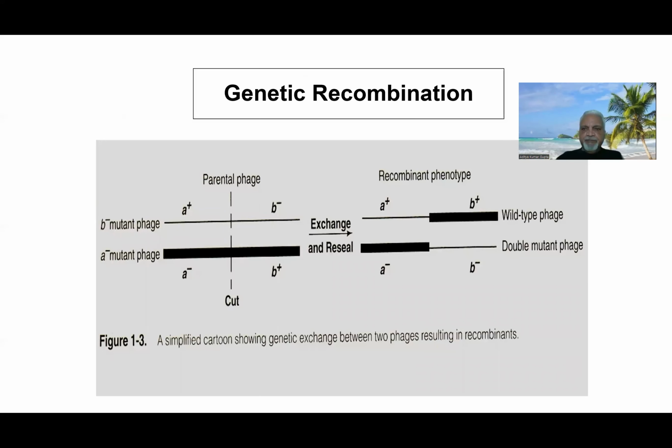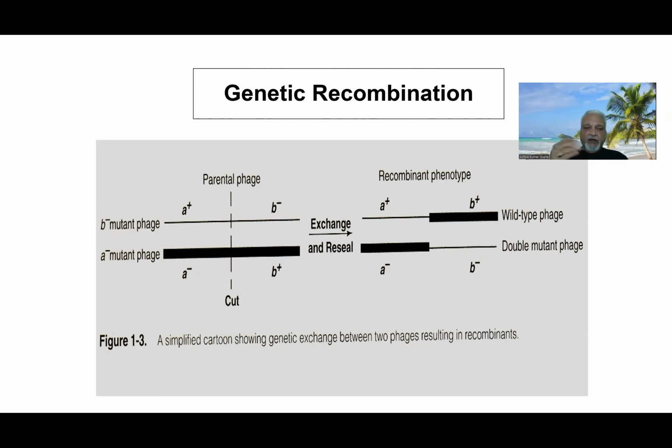Okay, so let us look at this cartoon. Here I have tried to show you how this recombination takes place. So if you have two phage DNAs and one of the parental phages is defective in a trait, which I am referring to as A or B. These are the two traits you can take.